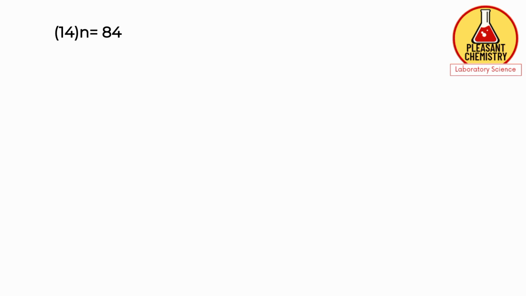Then we make n the subject of the formula by dividing 84 by 14, and that will give us 6. This 6 is the actual number of carbon, the number that we were supposed to put at the base. And so we have calculated n now.